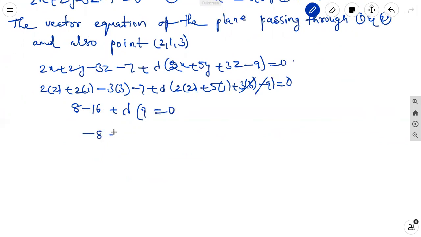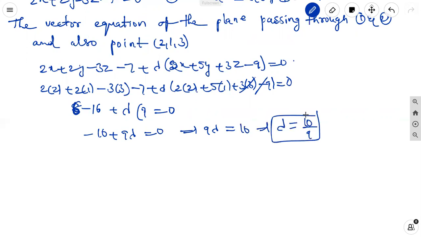Here minus 8 plus 9 lambda equal to 0. From this, 9 lambda equal to 8, so lambda equal to 8 by 9.